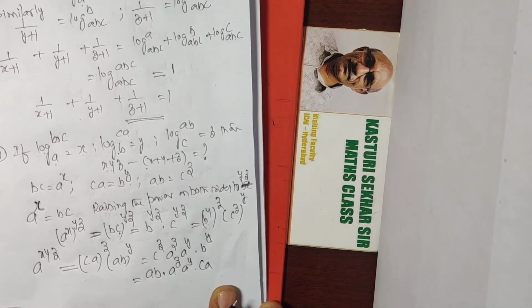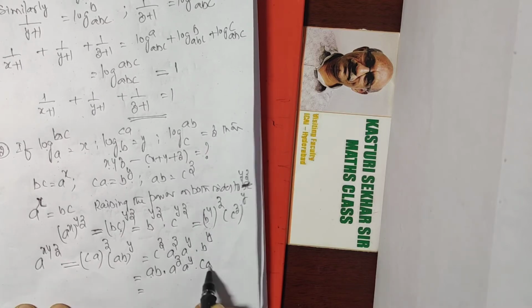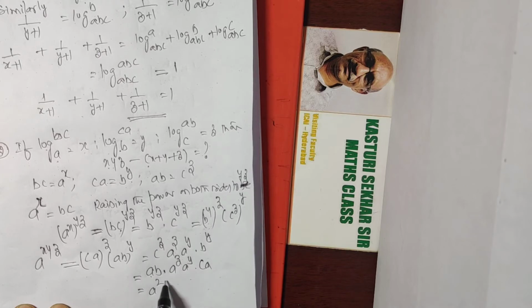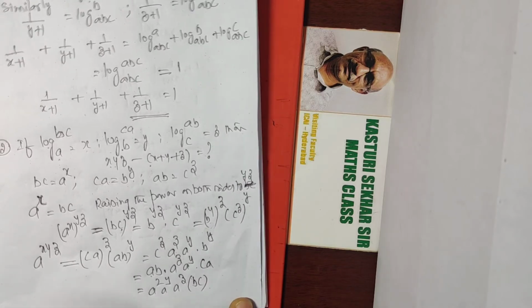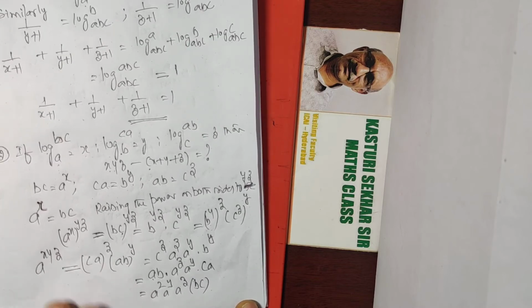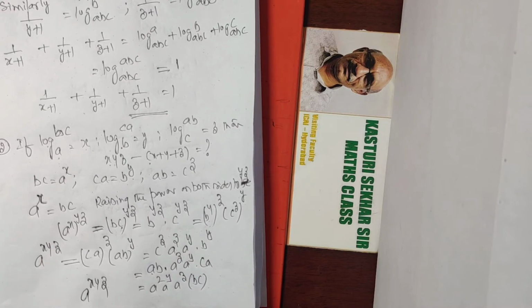C power Y can be again written as CA. Now A into A square, A power Y, A power Z into BC. This is A power XYZ is equal to A power 2, A power Y, A power Z into BC.